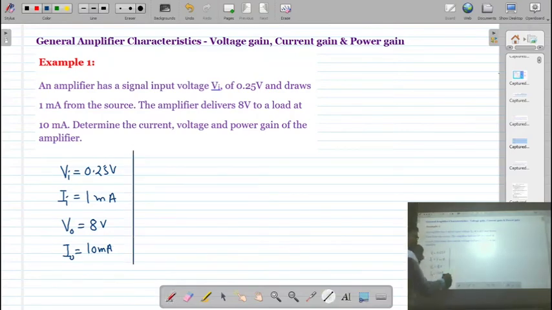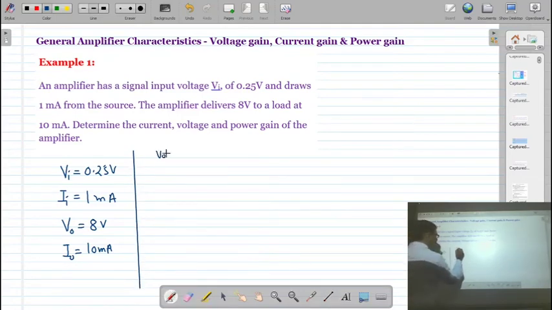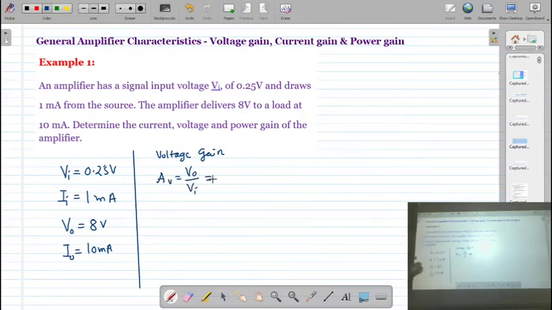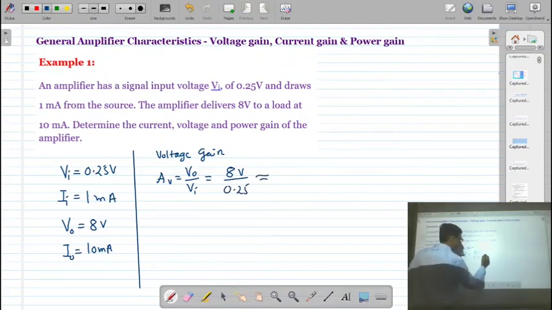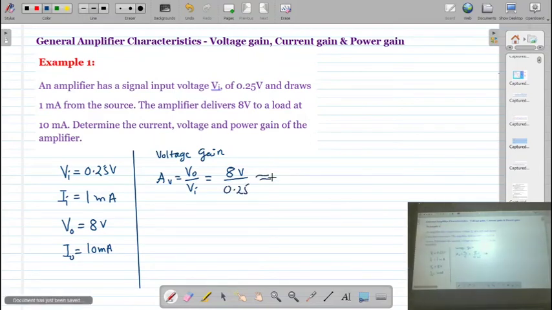So for the voltage gain, the simple definition is: voltage gain AV is equal to VO by VI. VO is given as 8 volt and VI is 0.25, and this will come out to be 32.